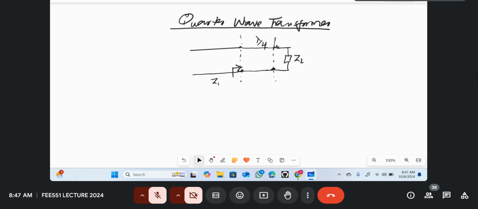If you remember the general formula for calculating Z in, let's say this is Z naught.